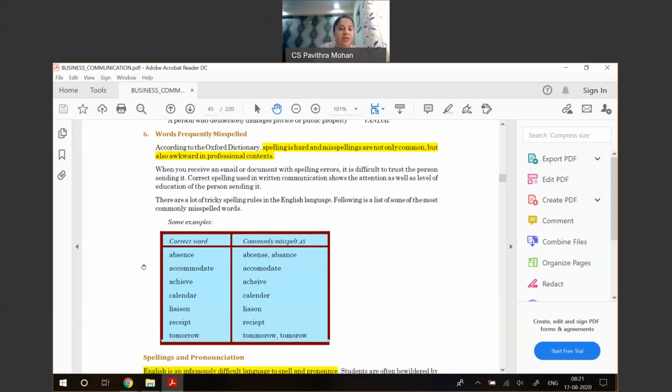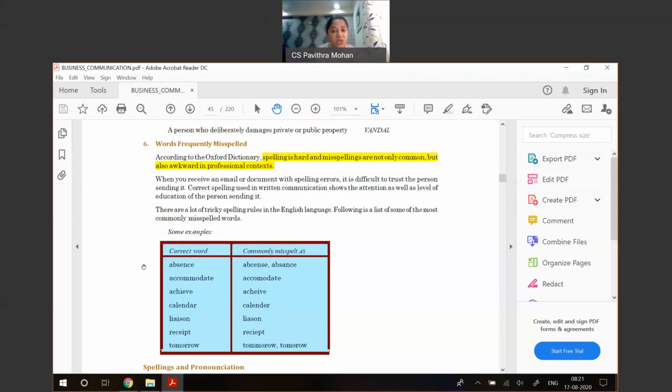Then you have the next concept, words that are frequently misspelled. There are certain words which we constantly misspell. A spelling mistake will be really awkward when anybody identifies it. Once you qualify as a CS, you will not be an executive; the minimum level at which you will start working will be as an assistant manager or something like this.